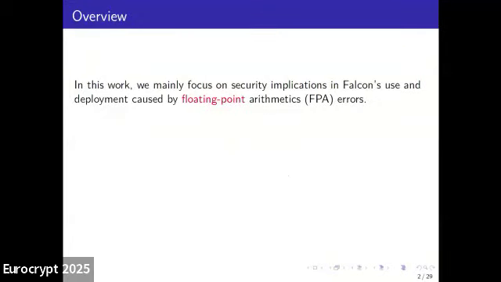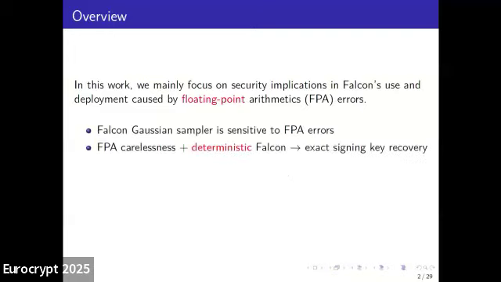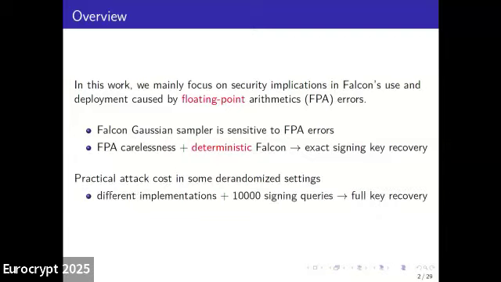In this work, we mainly focus on security implications in Falcon's use and deployment caused by floating point arithmetic errors. We found that Falcon's Gaussian sampler is sensitive to floating point arithmetic errors, and in the case of the deterministic variant of Falcon, following some floating point error analysis, one can mount exact signing key recovery.